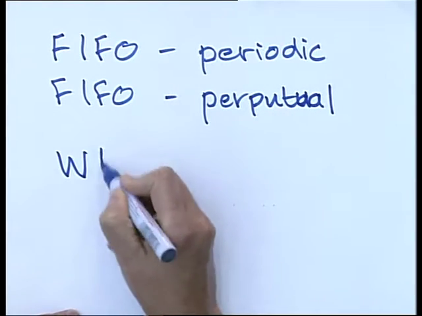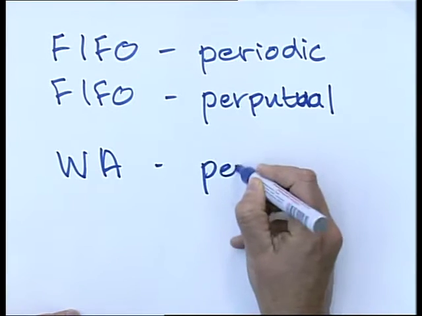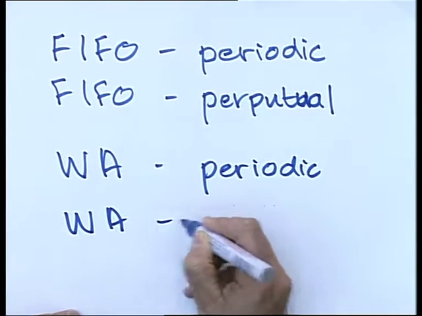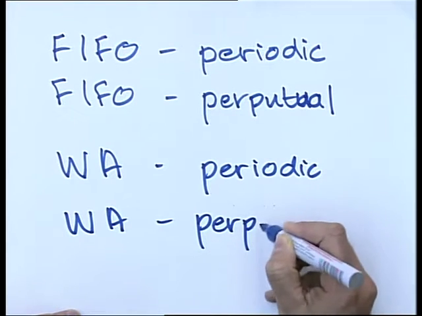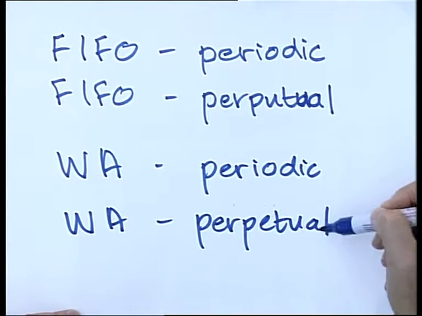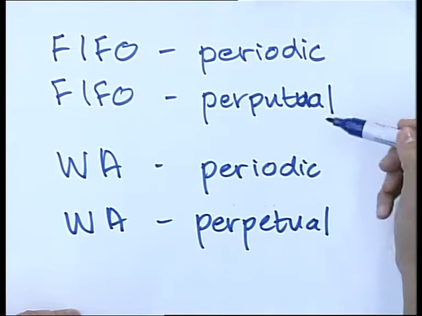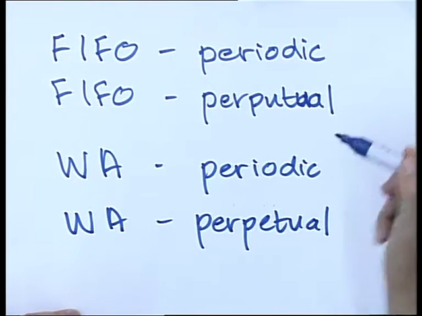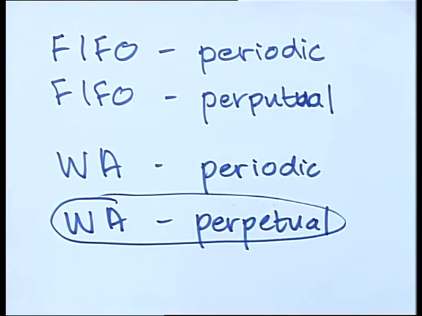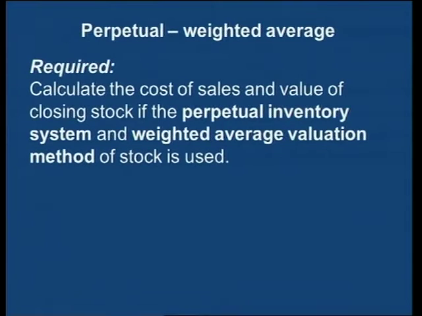Then weighted average, periodic, and weighted average, perpetual. So there's 4 different ways to calculate cost of sales, closing stock, and gross profit. Okay, so we are now going to do this one. Weighted average, perpetual. Okay, so let's carry on.